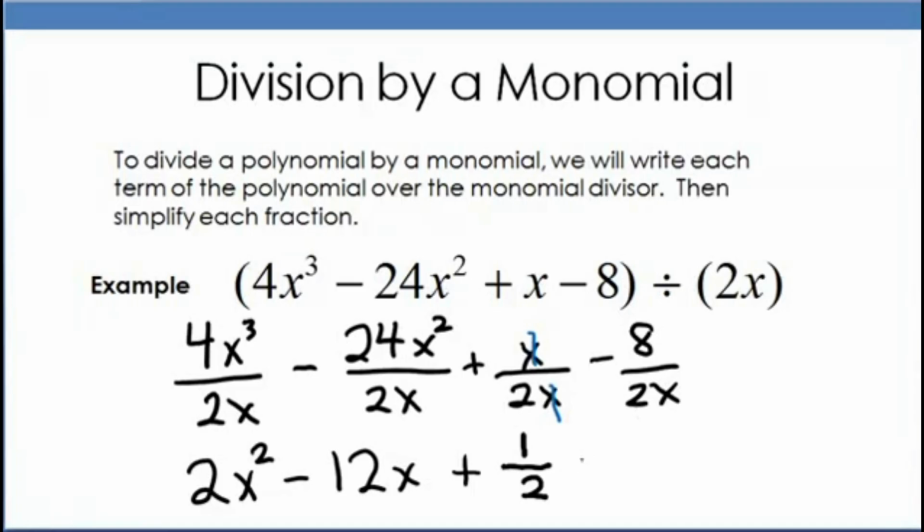And for our last fraction, our 2 will divide into 8 4 times. For the x, we don't have any x in the numerator to divide out, so you have to leave the x in the denominator. Do not write 4x. That's different from 4 over x. So 2x squared minus 12x plus a half minus 4 over x is our answer.